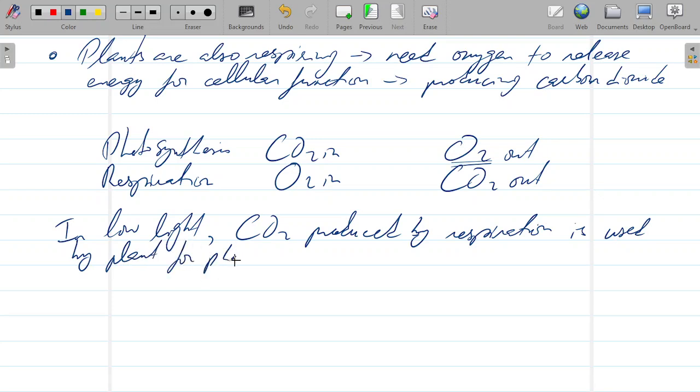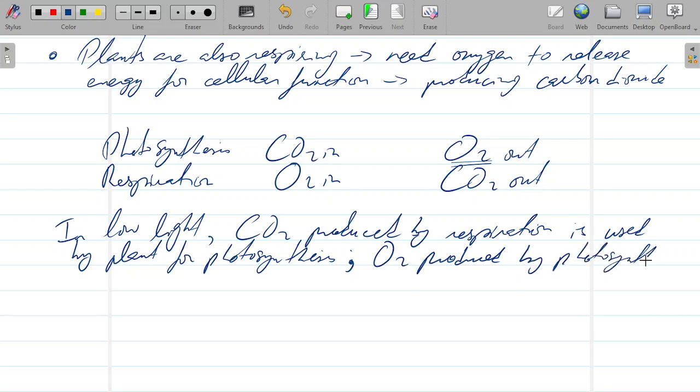So it's not removed from the plant via the stomata. And the O2, as you can imagine, produced by photosynthesis is utilized in respiration.